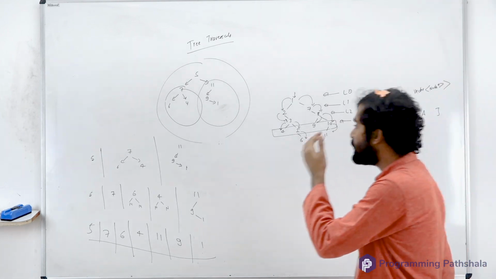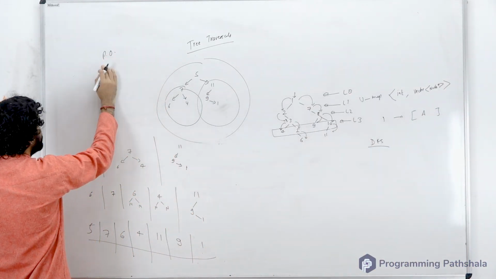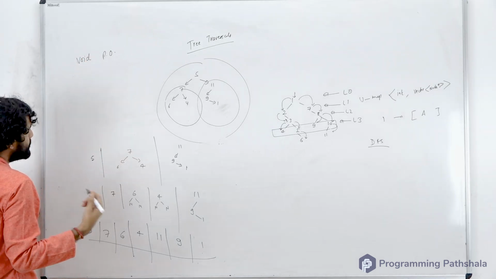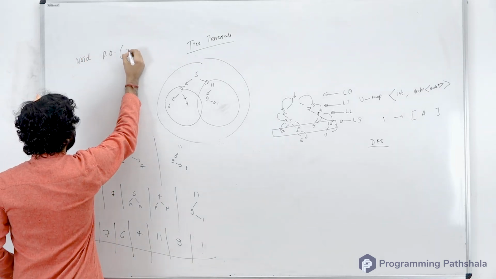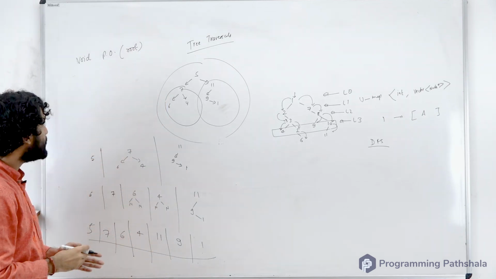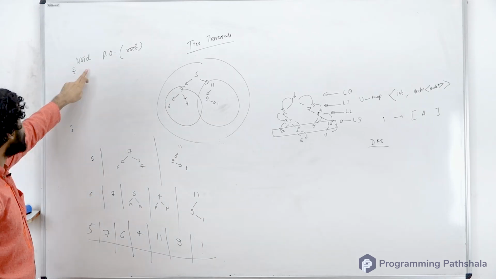So what is the preorder traversal going to look like? You can just write a simple recursive method. It will be void because it doesn't have to return anything, it just prints, and it takes the root of the subtree which is to be printed. First it will take the root of the entire tree. When should I terminate?